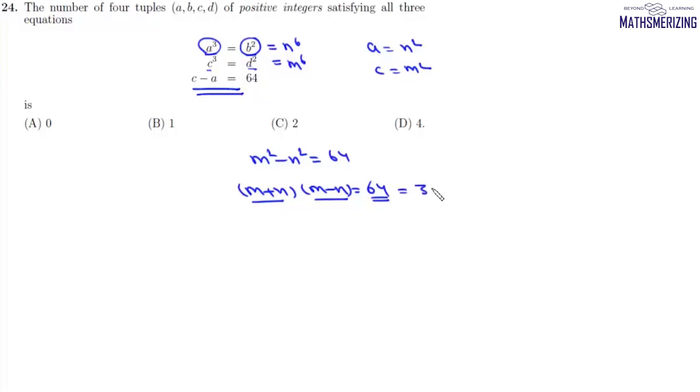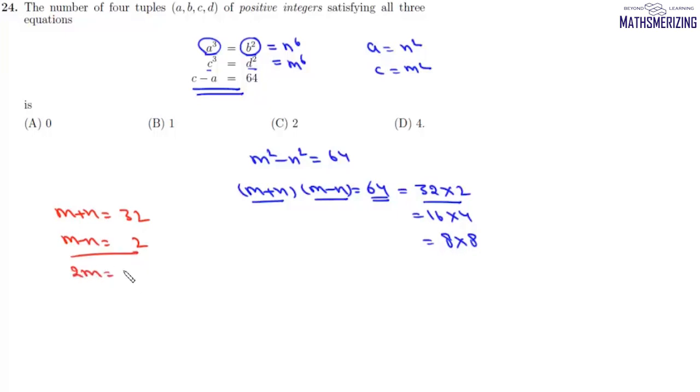So we can write this as 32 into 2, 16 into 4, and 8 into 8. Now we take the first case, m plus n is 32 and m minus n is 2, then we'll get 2m equals 34, the value of m is 17 and the value of n is 15.